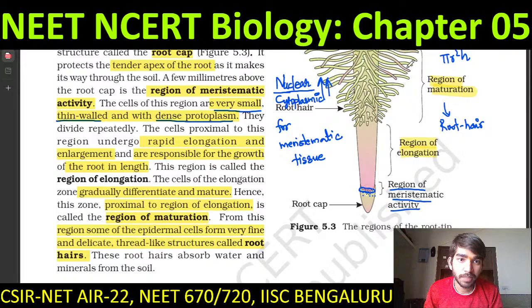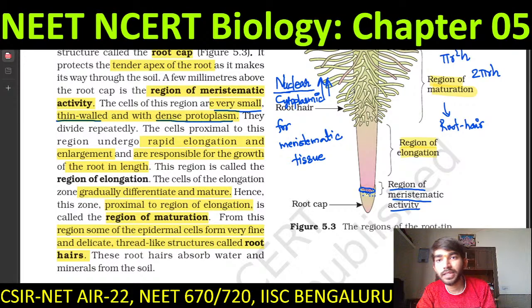But if there are many small cylinders, then their volume will increase, plus the surface area will also be more. So 2 pi r h will be the surface area of this thing. But now that there are many more smaller cylinders coming out from that, the overall surface area will increase dramatically. So in that case, it will be much more beneficial for the plant to absorb the nutrients from the soil.